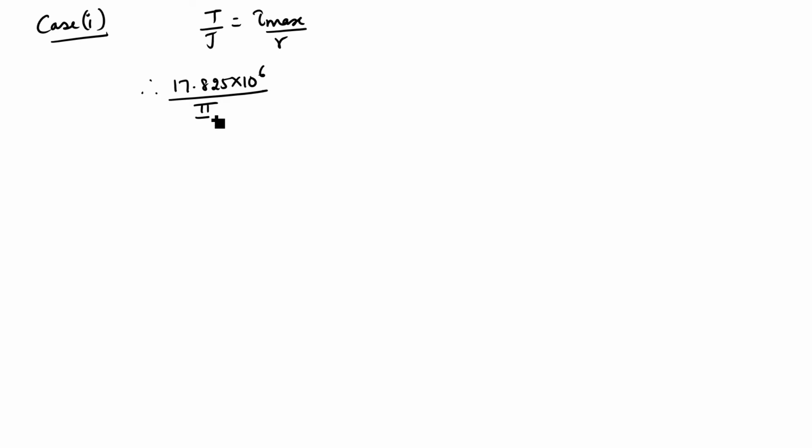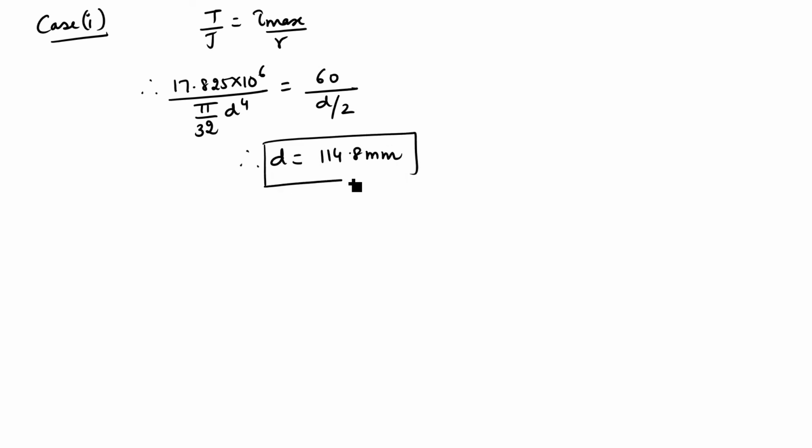This is pi by 32 D raised to 4 is equal to tau max is given as 60 upon D by 2. I get the diameter for solid shaft as 114.8 mm. You can round this off to 115 mm. Now this is for the solid shaft.